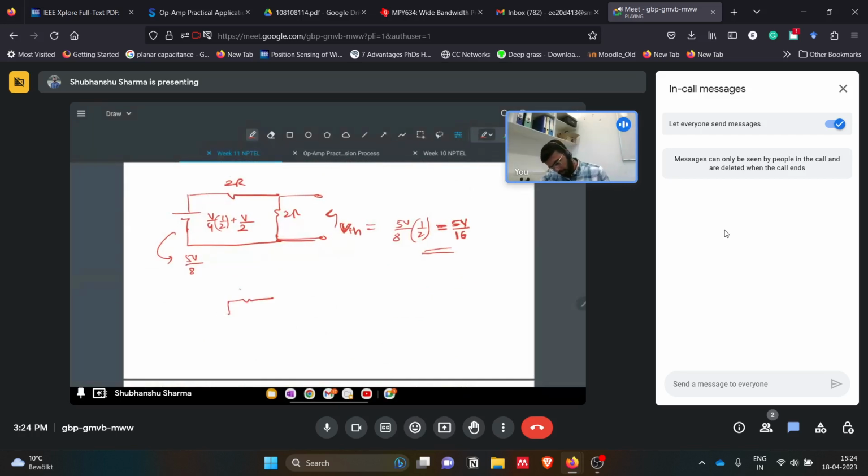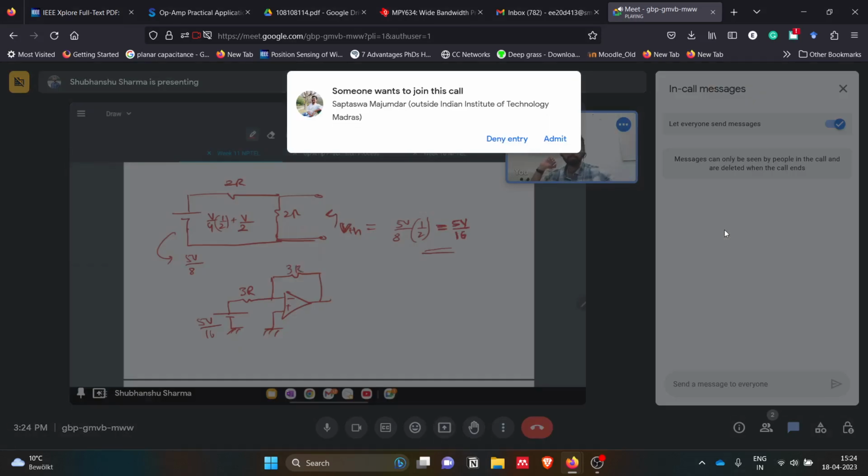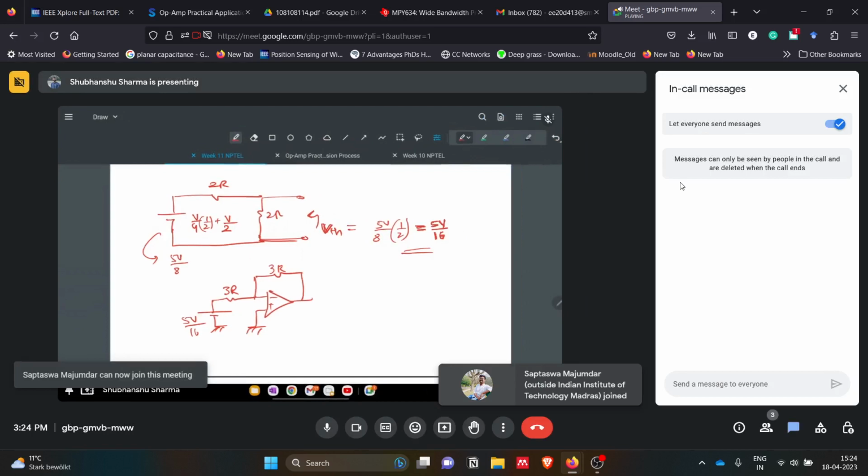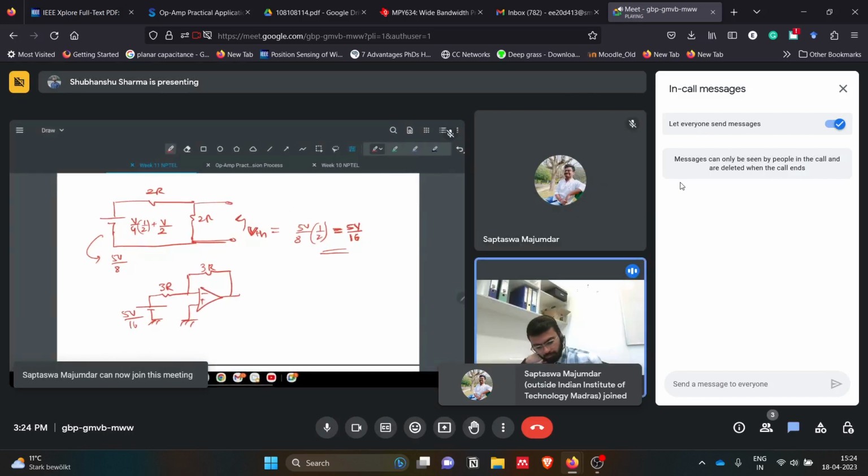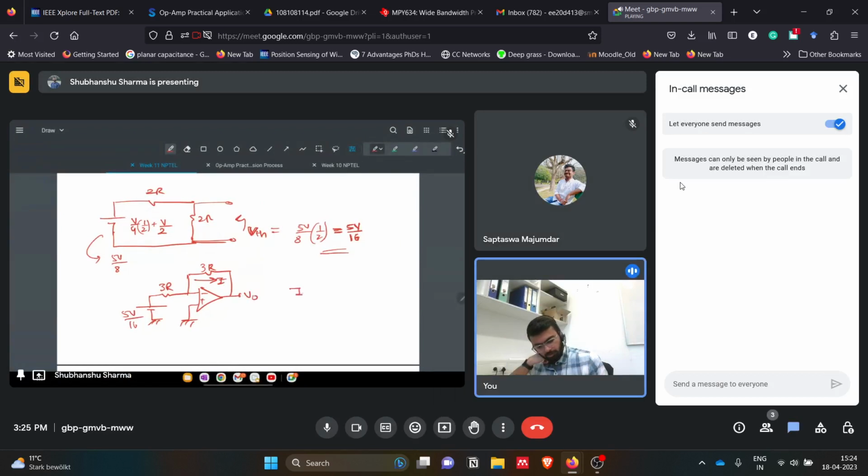This will be 3R. We have 5V by 16. Okay, this one is what? R. This is R. Yeah, no, this is 3R. So this is 3R, and we'll have the current I, which will be the same as here.